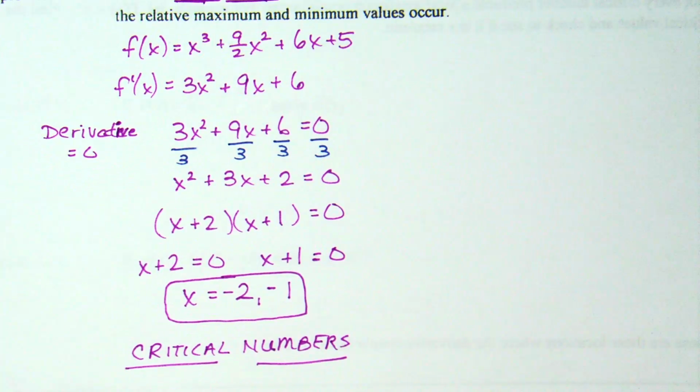Now, if you recall, it said if f has a local or relative max or min, then there is also a critical number at that point. This wants to know where the relative max and min values occur. Thoughts?